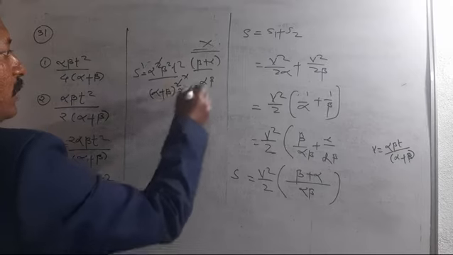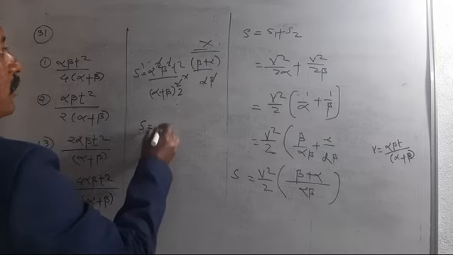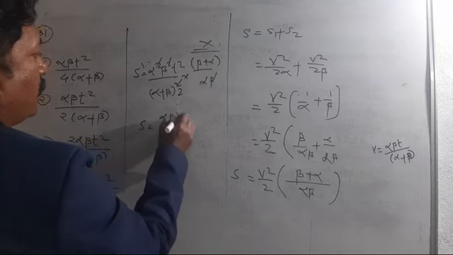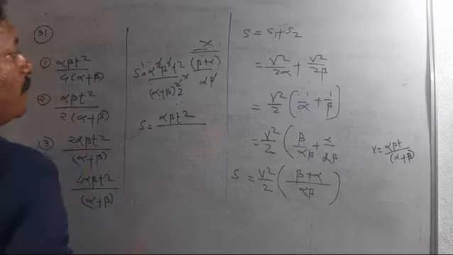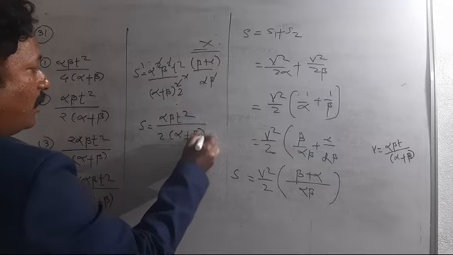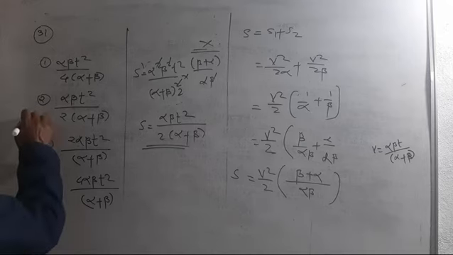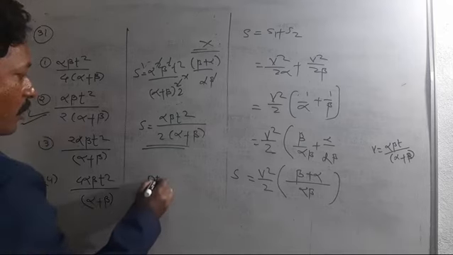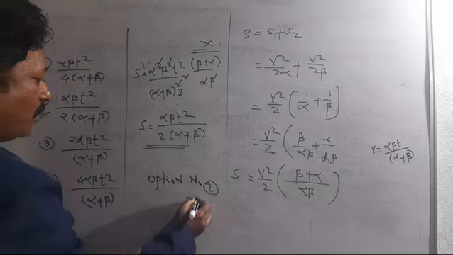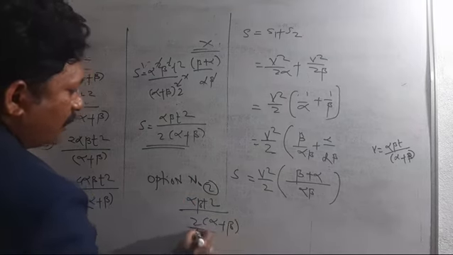This alpha and beta also cancel, so s is equal to alpha beta t square divided by 2 into alpha plus beta. This answer is correct, match to option number 2. This is alpha beta t square divided by 2 into alpha plus beta, right.